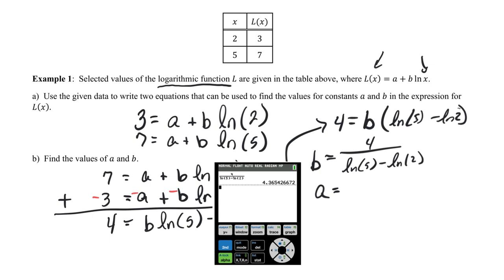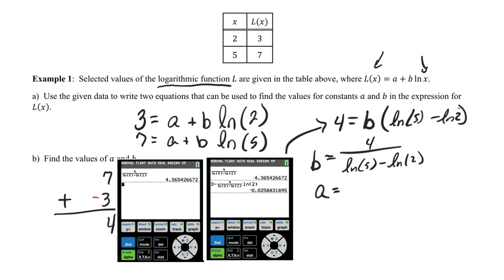I'll show you what it looks like. See what it looks like right here? I did 3 minus, then I highlighted that fraction, hit enter, and it wrote it down, and I just put ln 2. So that's the same thing as 3 minus b ln 2, and there's my a. And now we can write our answers rounded to the 4th decimal.